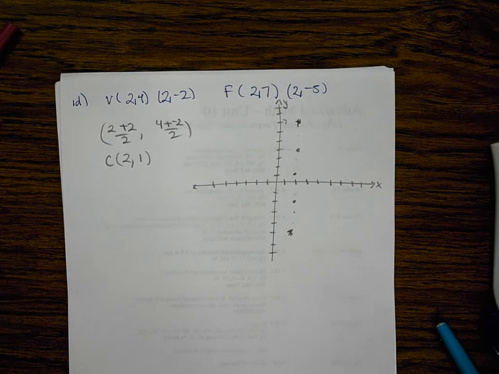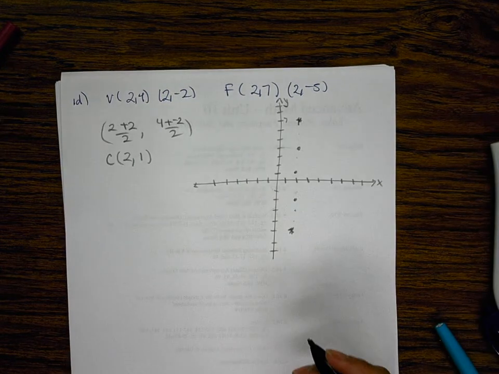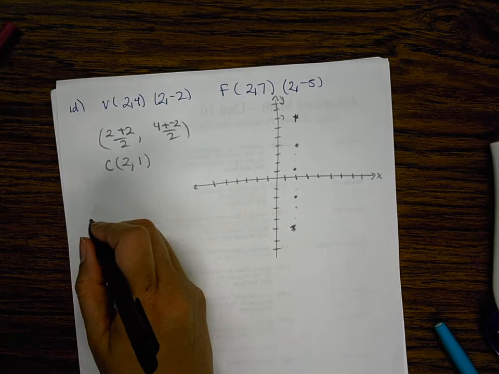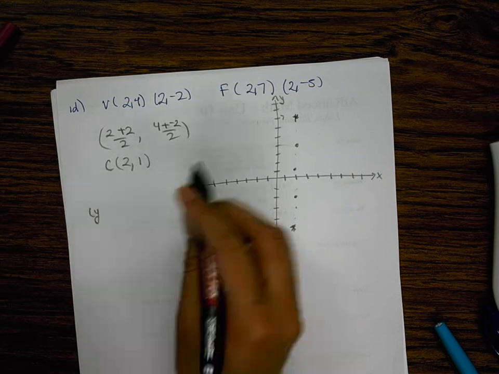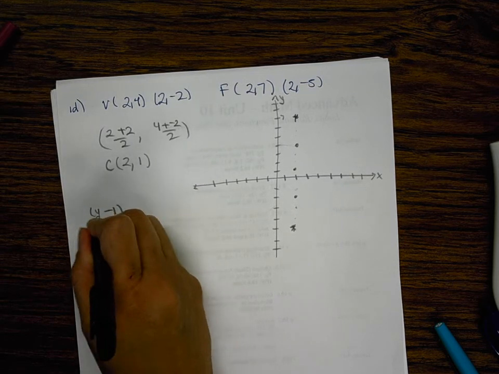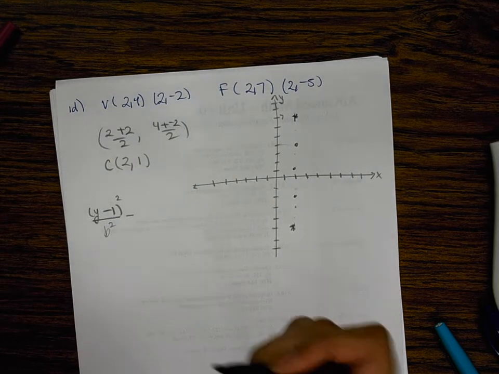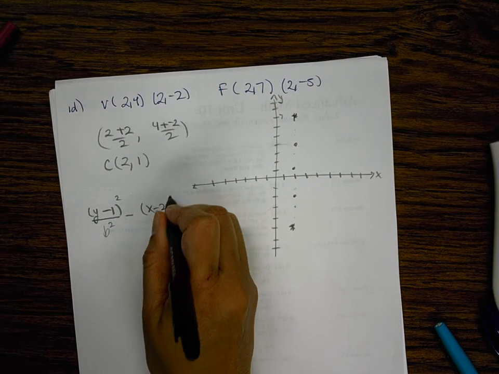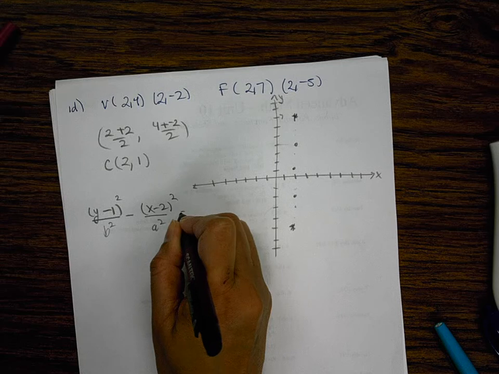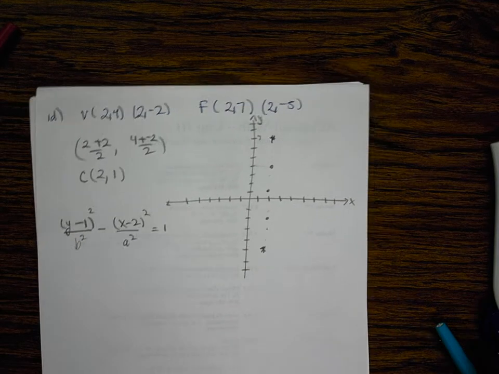I know it's opening up and down, which means y comes first. So that gives me y minus 1 quantity squared over b squared, minus, because it's a hyperbola, x minus 2 quantity squared over a squared equals 1. Okay, what do I know?